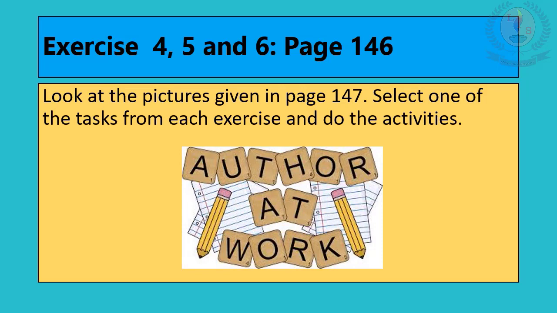Then exercise 5. Look at the top 6 pictures opposite. That means page 147. Pretend that you were one of these people. Now you get 2 sets of pictures there, and you have to imagine that you were one of them. For example, a person in one of the vehicles held up when the road was blocked, or the policeman who arranged for men to move the tree, or one of the workmen who came and moved the tree.